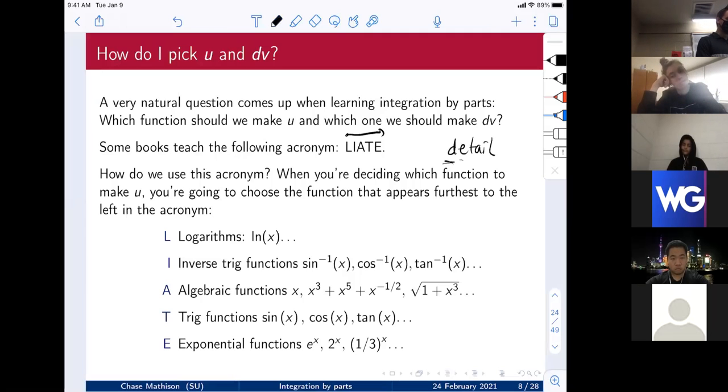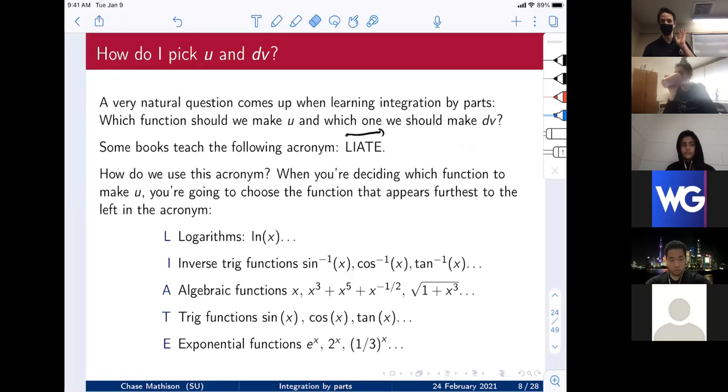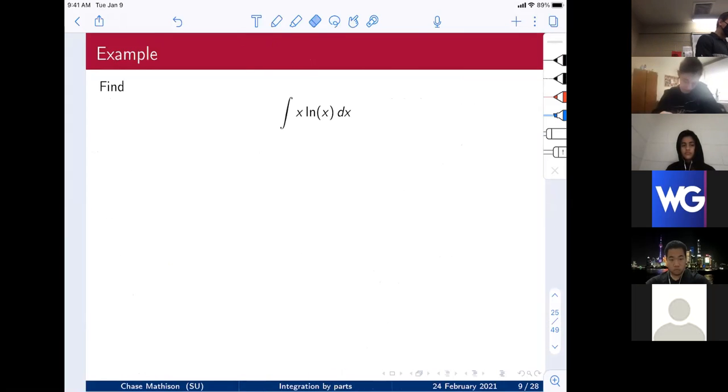You just choose the thing that's happening furthest to the left, and in DETAIL, you choose that to be dv. So that's where the D here is coming from. It's telling you what to make dv, okay? I'm going to stick to LIATE. 90% of the time, LIATE will not lead you astray. DETAIL is the same way, but I'm going to give you one acronym to use, LIATE. Okay, so let's do an example.